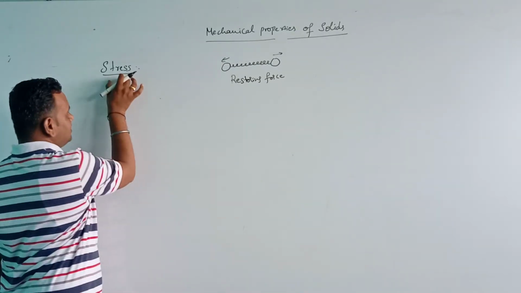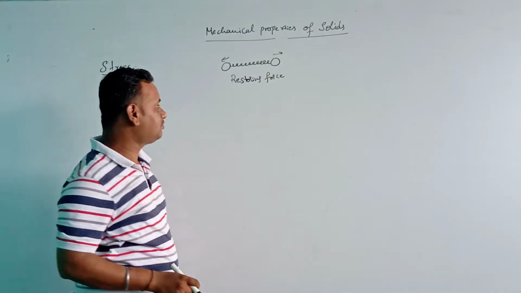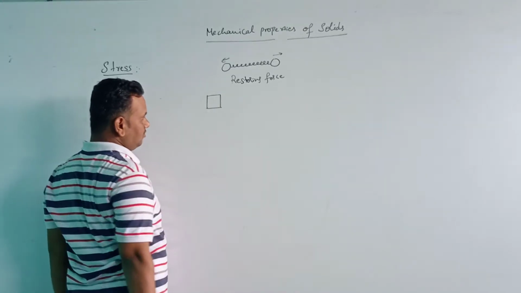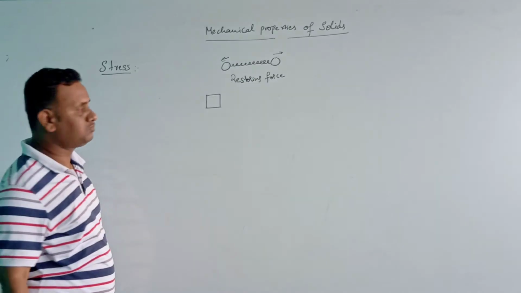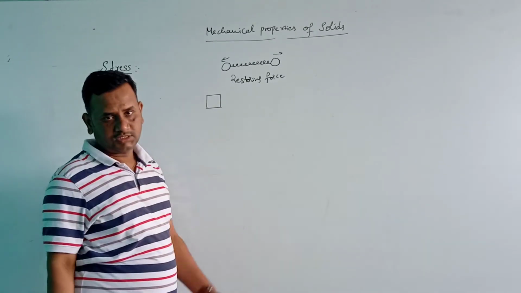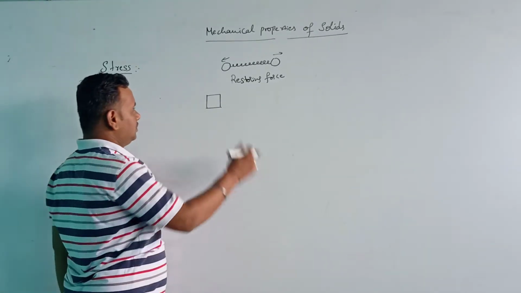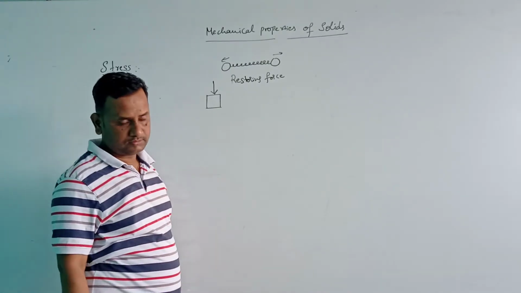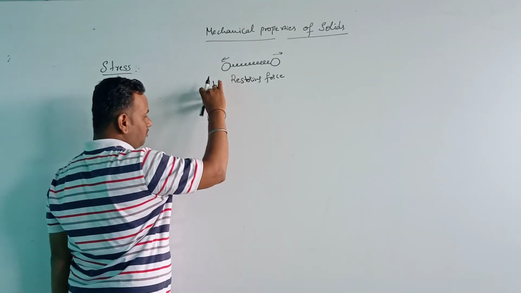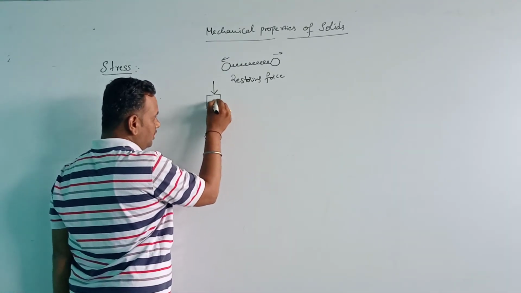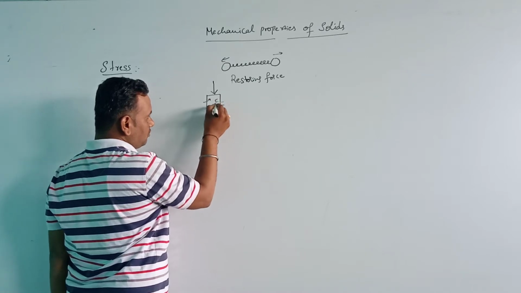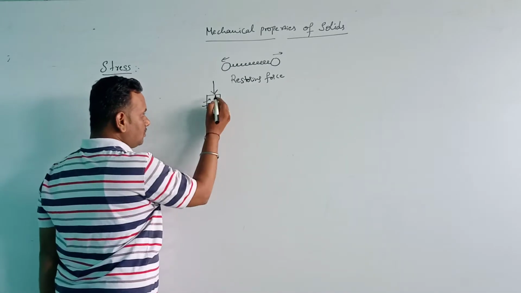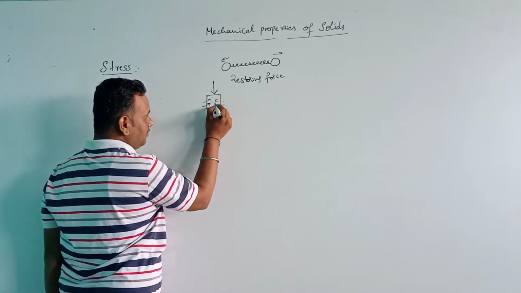So the restoring force acting per unit area of the body is called stress. Suppose, for example, I take a sponge. If I apply some force on it, I am applying a deforming force, and because of this the restoring forces are developed inside the body.